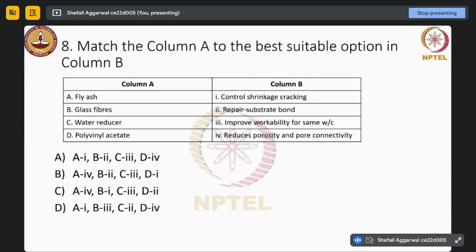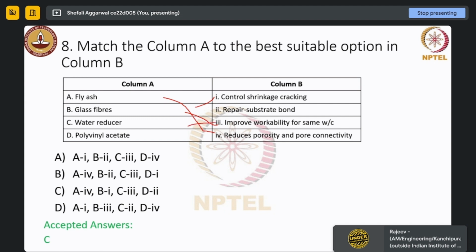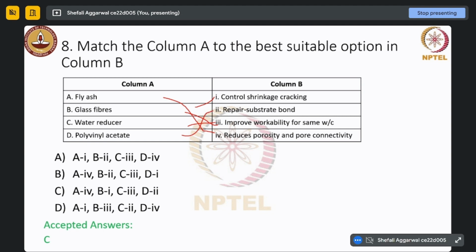Superplasticizers are mostly PCE, polycarboxylic ether based superplasticizers. Fly ash, as you have seen, will reduce the porosity and pore connectivity. Then glass fiber, sorry, glass fiber will control shrinkage cracking, and water reducer, as we have already seen, will improve the workability. And obviously, if it's a chemical, we don't know exactly, it is the bonding material, the repair substrate bond.